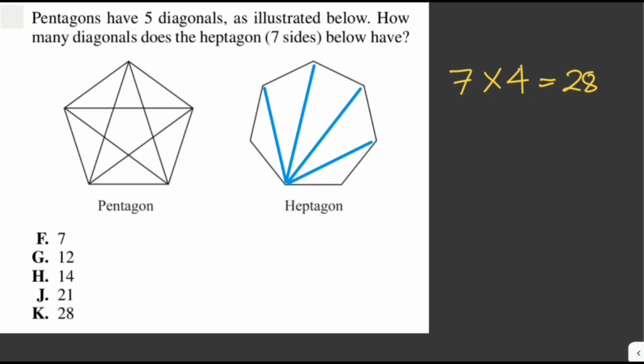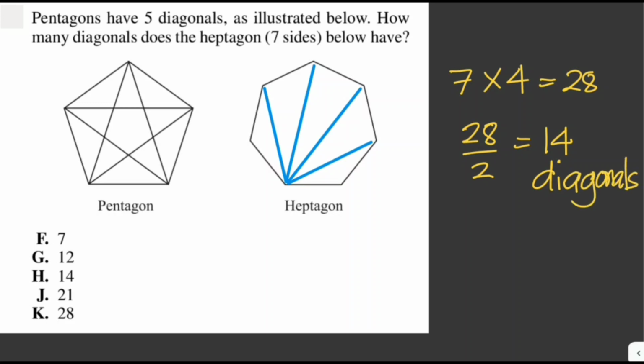So we just have to divide the number of diagonals we got from multiplying the vertex points and the number of diagonals each vertex point created by 2. Therefore, the heptagon has 14 diagonals. So the answer is letter H.